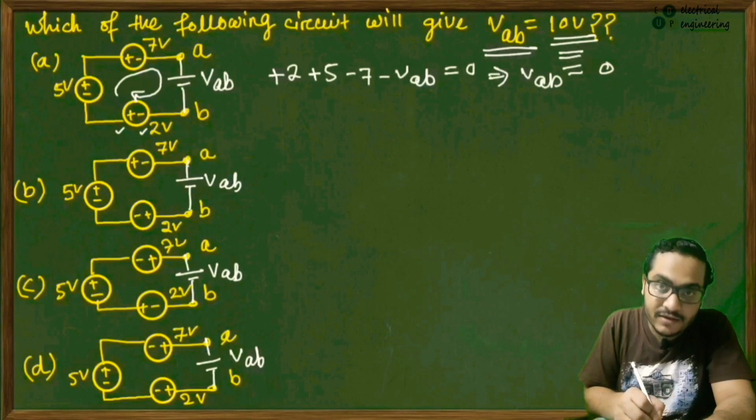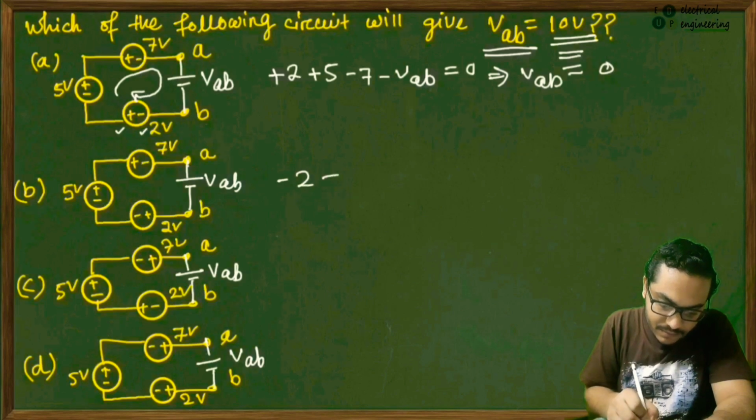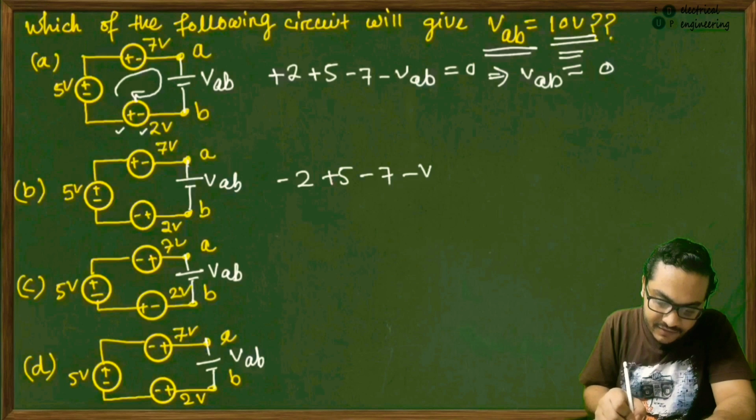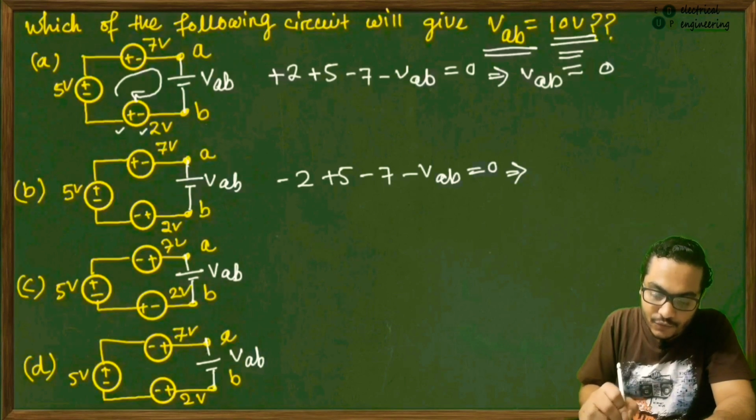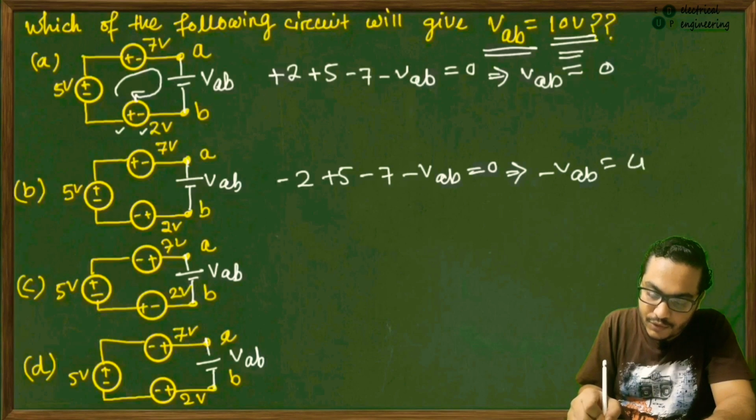And in the second option, minus 2 plus 5 minus 7 minus VAB equal to 0. This is 3, and this is minus 7. So 3 minus 7 is minus 4, and minus VAB equal to plus 4. So VAB equal to 4.